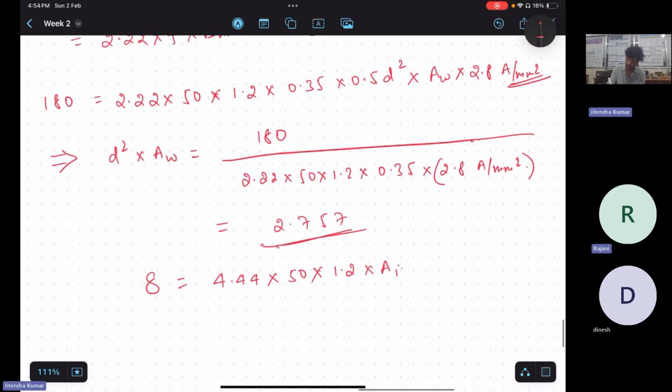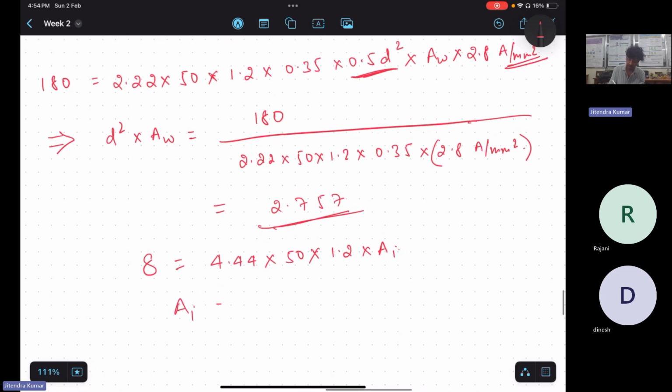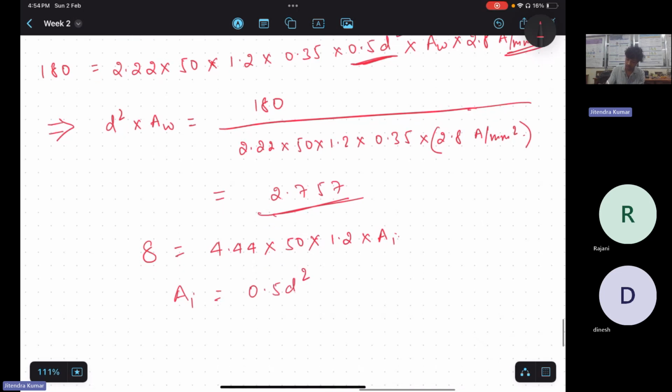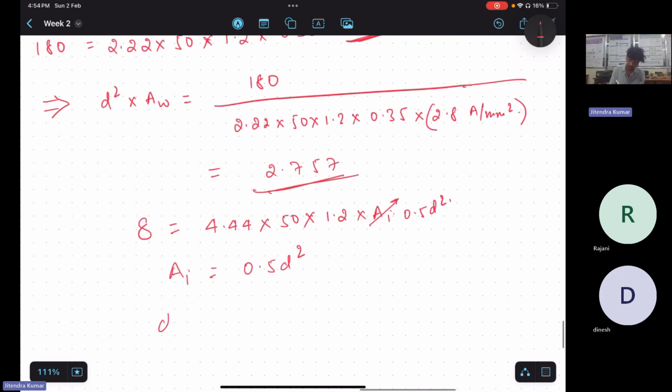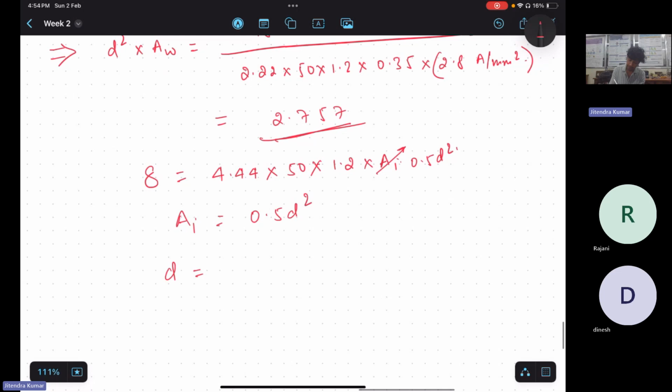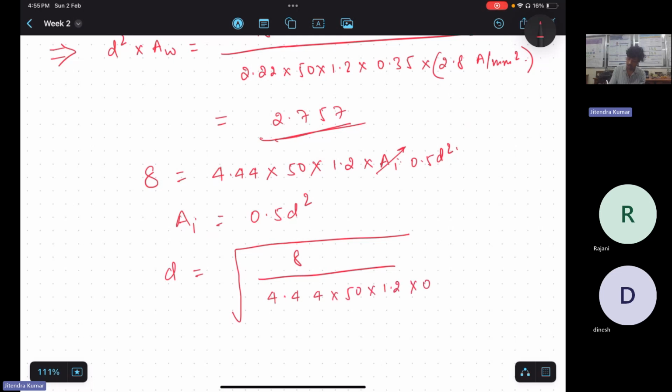Right? And area of iron is 0.5 d square, which is also given. We can replace it with 0.5 d square. So here we can calculate d: 8 divided by 4.44 into 50 into 1.2 into 0.5.